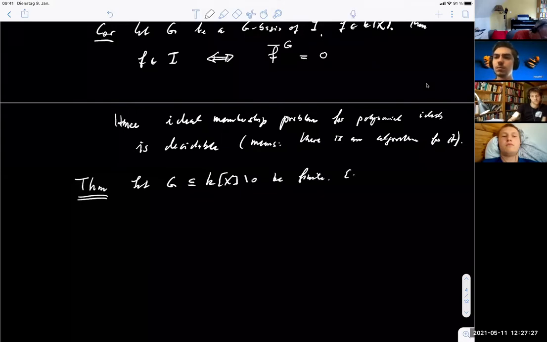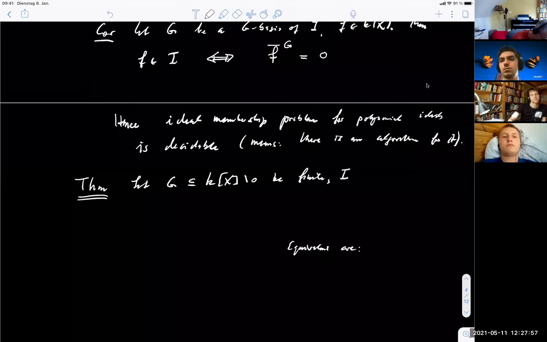And equivalent. Okay. So first, G is a Gröbner basis. I also need to name my ideal.